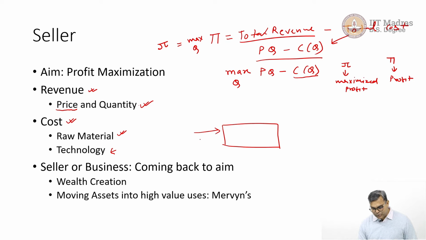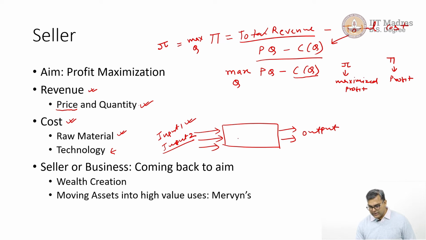What does this black box do? It takes inputs, and inputs can be input 1, input 2 and so on. These can be raw material, it can be your supply that you are buying from somewhere, input 2 can be transportation. So, it depends what kind of problem you have, and then you are getting some output. So, this black box which takes different inputs and converts them into some sort of output is called technology for us, and we can represent it mathematically.